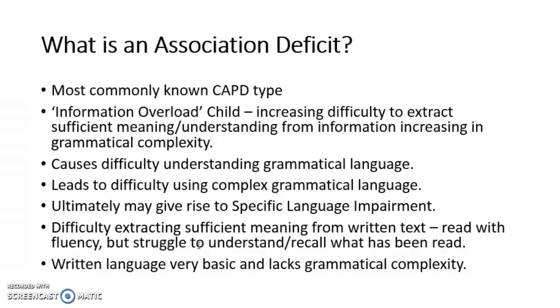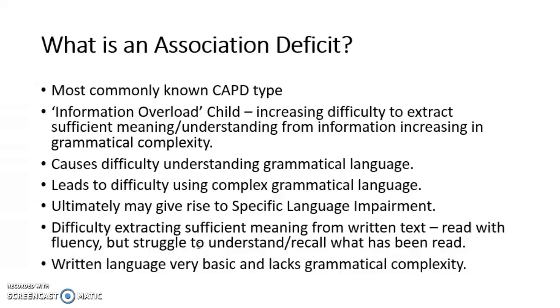In terms of dealing with reading comprehension or understanding written text, again, classic information overload. If you give them a text with loads of information, they'll struggle to get past the first few lines and understand and recall what they have read. But these children usually read quite fluently. They just struggle to read for meaning.